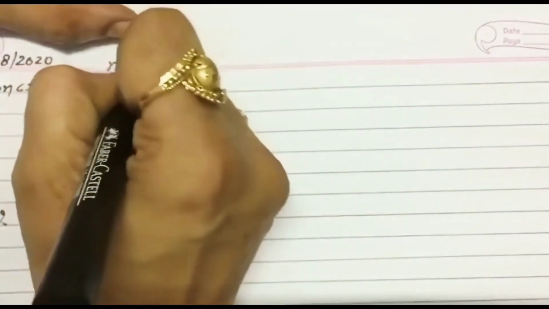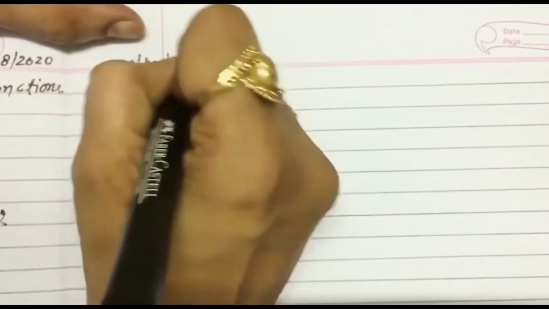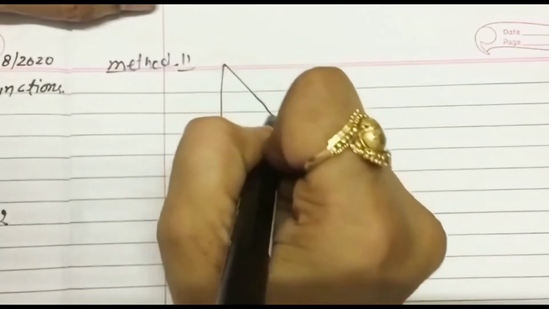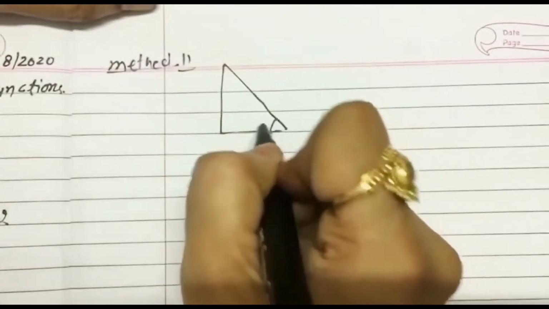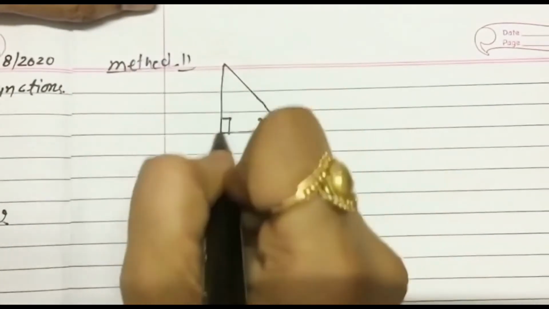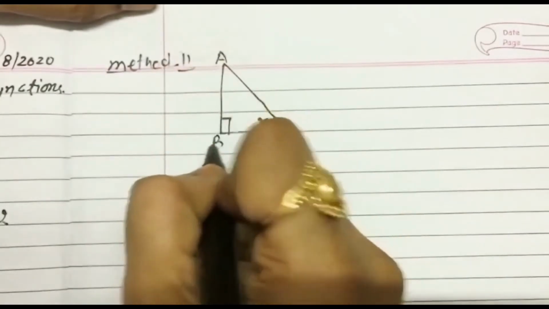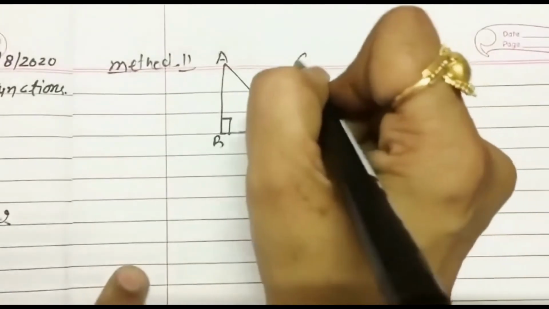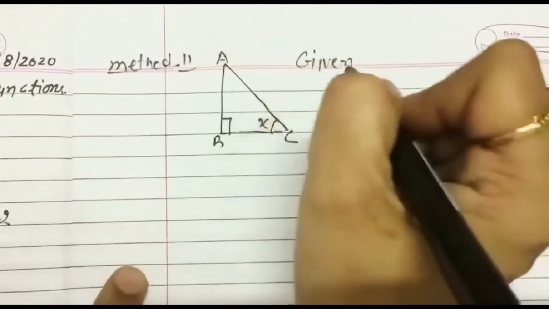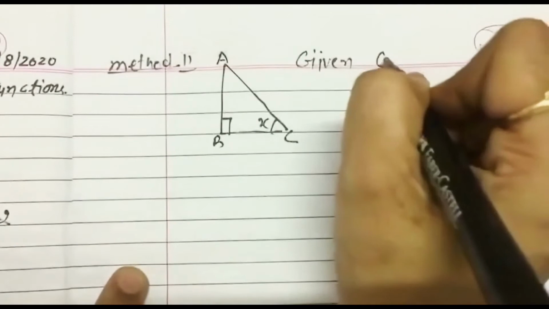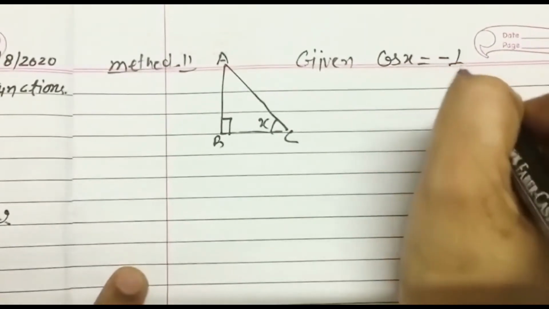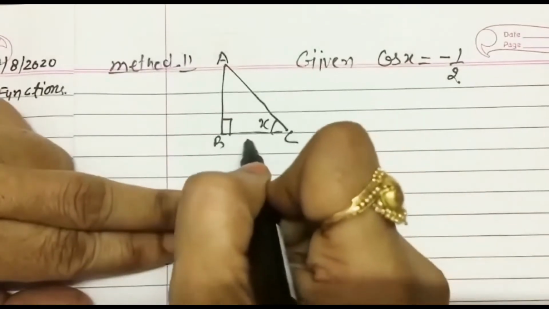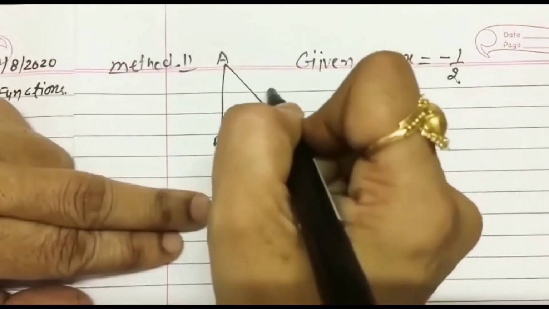So method second. Take a triangle. Here the angle is x, and it's 90. Let the vertices be A, B and C. Here it is given that cos x is equal to minus 1 by 2. So here the base is 1 and the hypotenuse is 2.